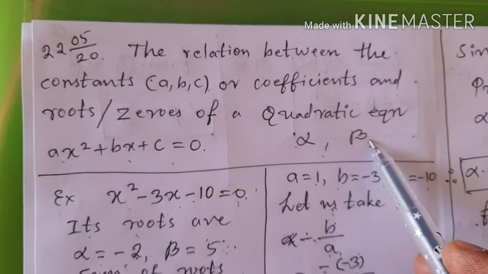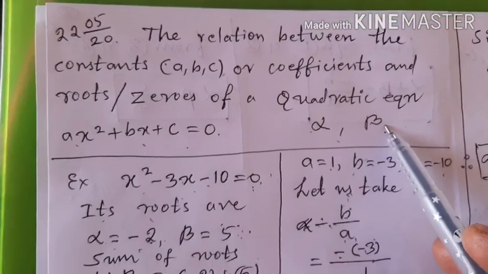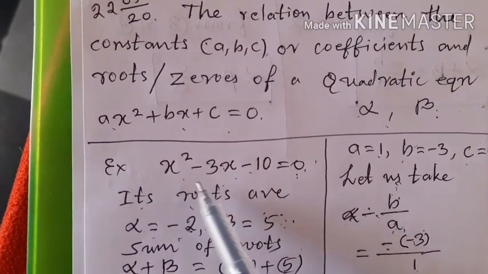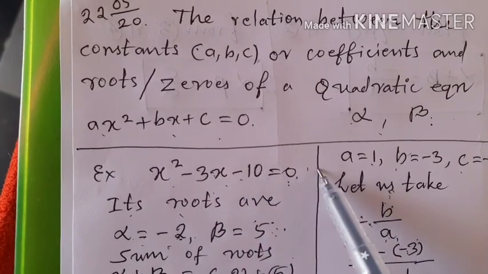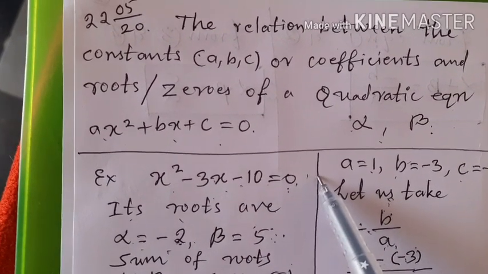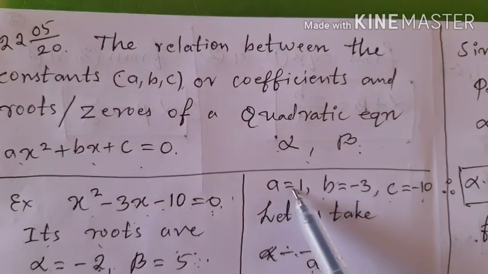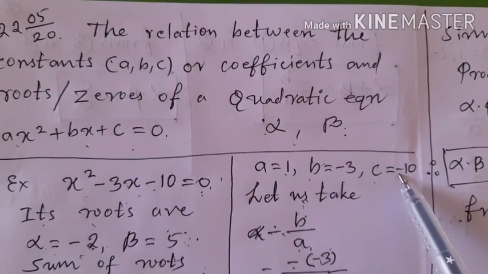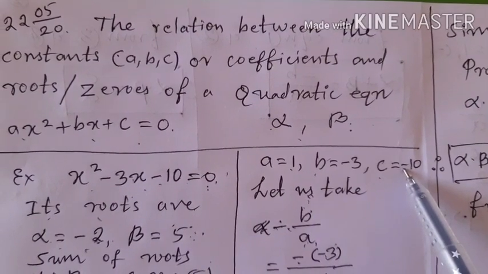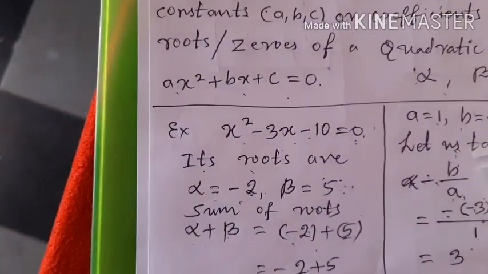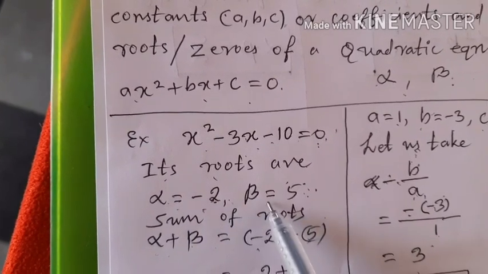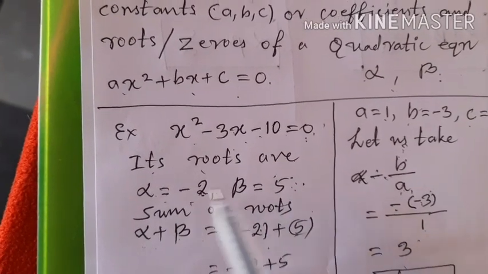They are nothing but the constants. Okay, see here, let us take an example. X square minus 3x minus 10 is equal to 0 is the given equation. If we write the values of a, b, c, we get 1, minus 3 and minus 10 respectively. Okay, here they have given alpha is equal to minus 2 and beta is equal to 5 as the roots of this equation.